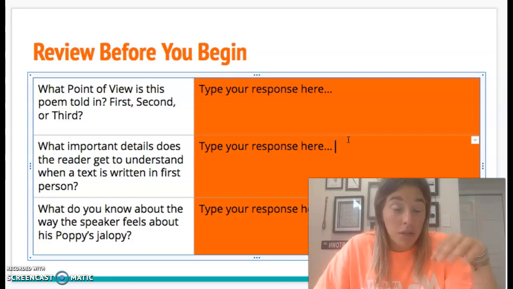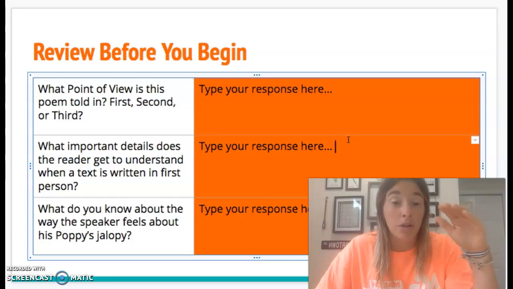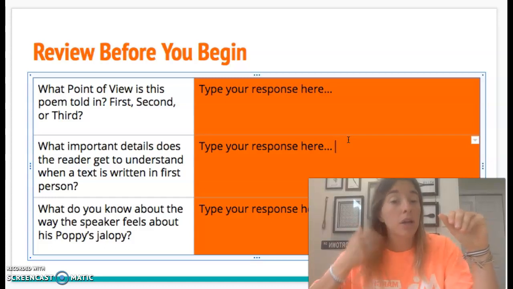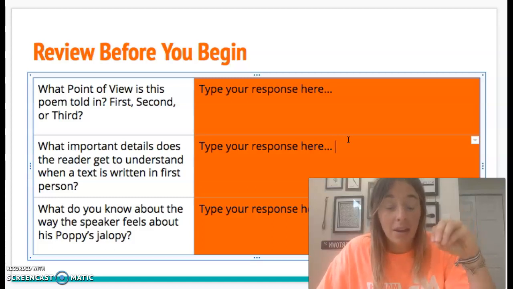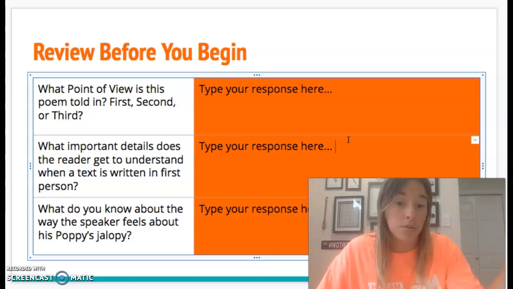First person is when the narrator or speaker is telling a story about something they were personally involved in. So in hearing a story that a person was actually involved in, that they really did experience, what is the difference between that and hearing it from an outside source?